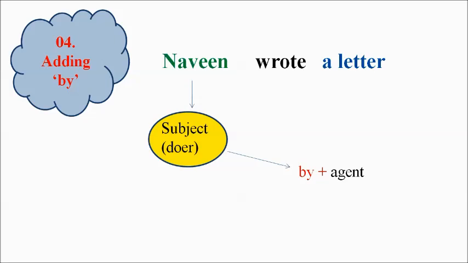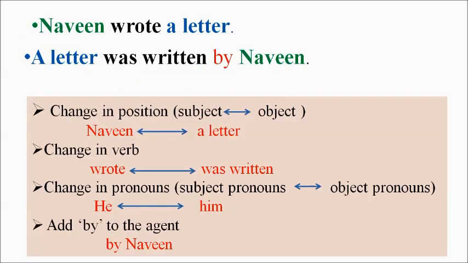Naveen is the subject. When it comes to the place of object, we don't call it object. We call it agent. We add by Naveen. Let's see all the changes we make in passive voice sentence.